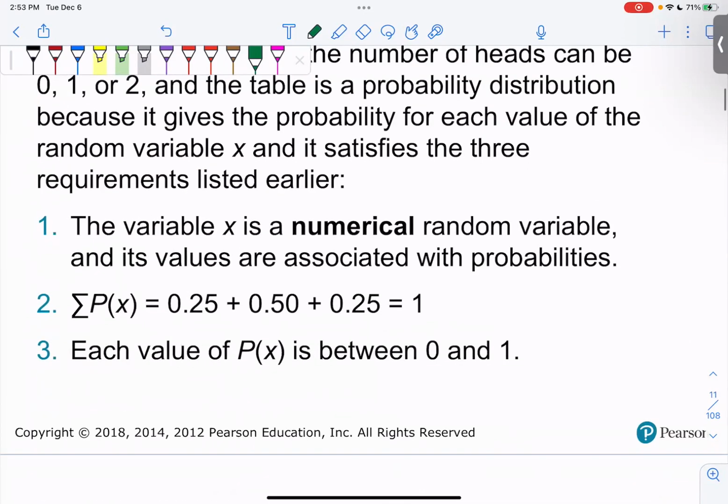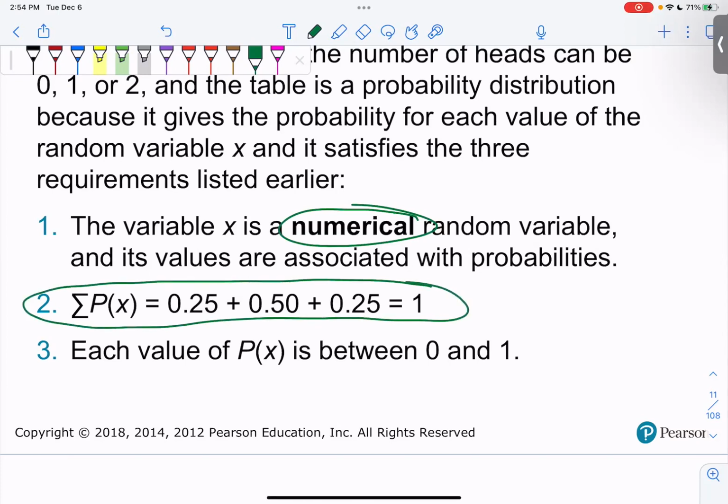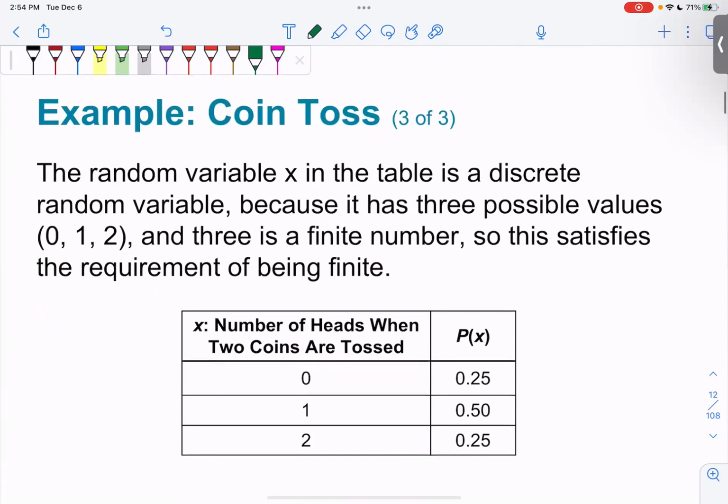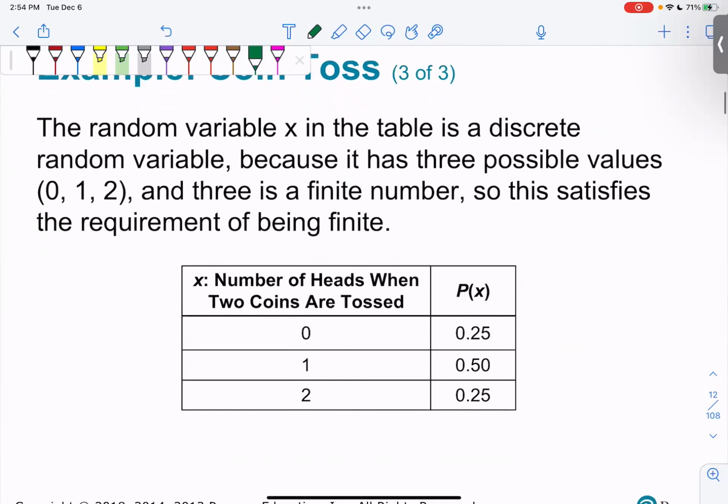So the first one, numerical random variable, and then the summation of those probabilities equals 1, and then each single value between 0 and 1. So we can say that this is a probability distribution.